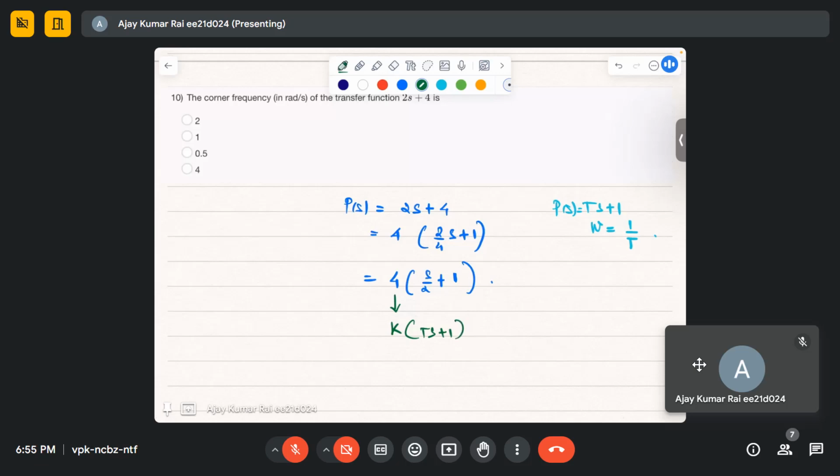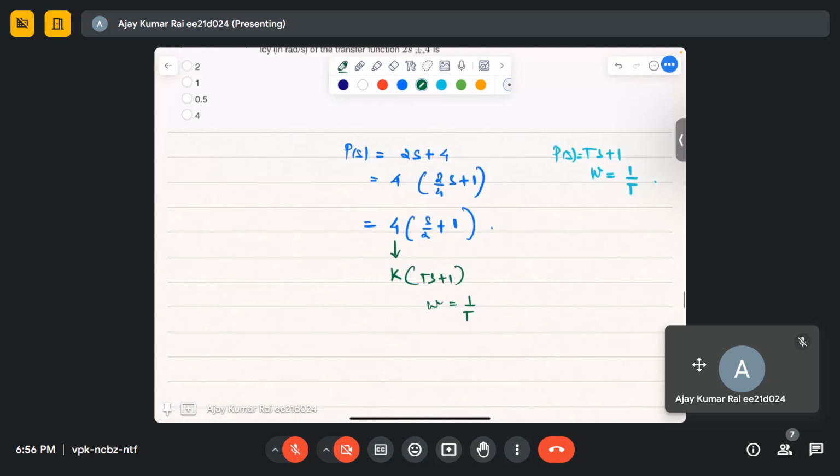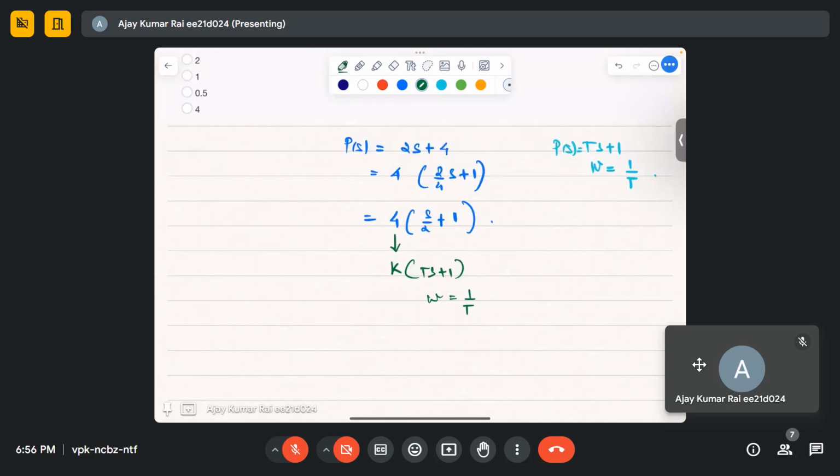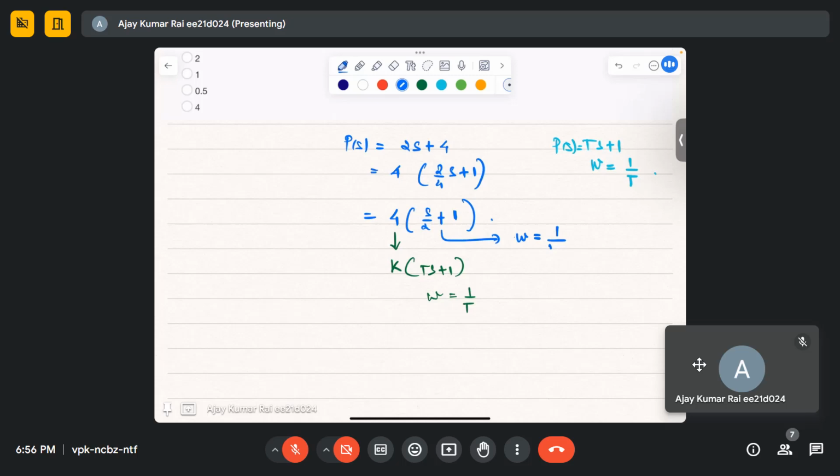But what is the corner frequency here? Here also the corner frequency is 1 by T. Just comparing for this transfer function, T is 1 by 2, so omega is equal to 1 by T, which is 2 radian per second.